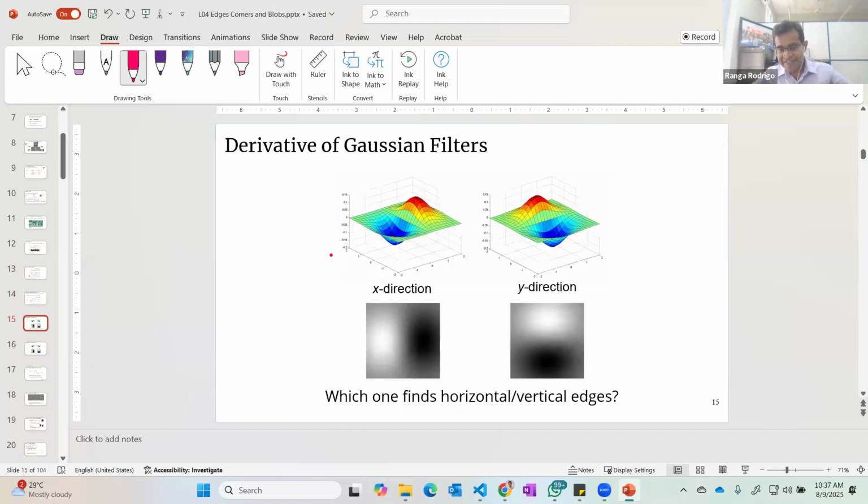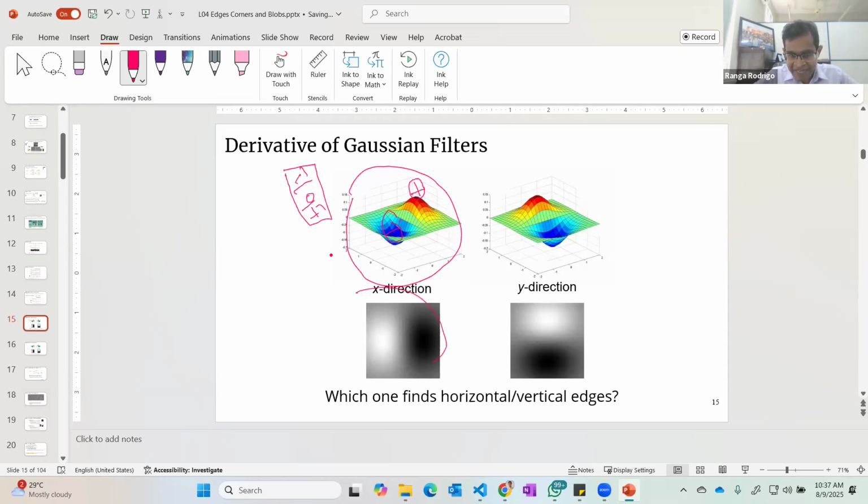And I showed you these kernels in pictorial format. So you can see in these kernels also, there is this negative values, positive values nature, as in, for example, the central difference formula, where we had +1 here, 0 here, and -1 here.